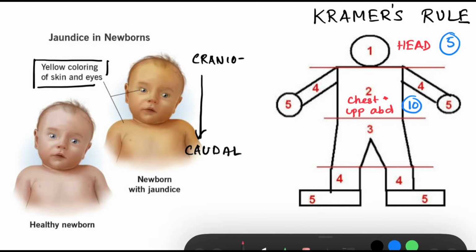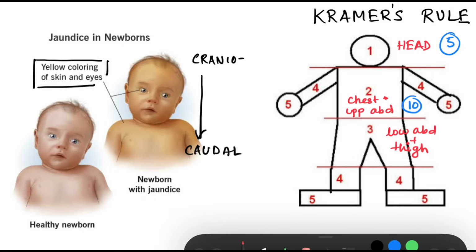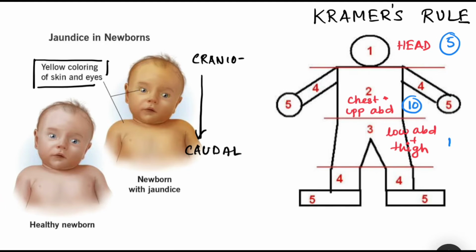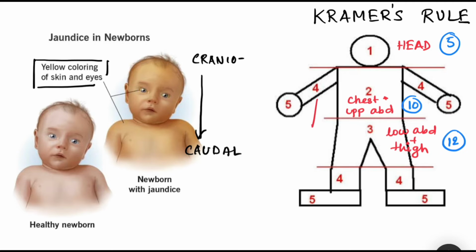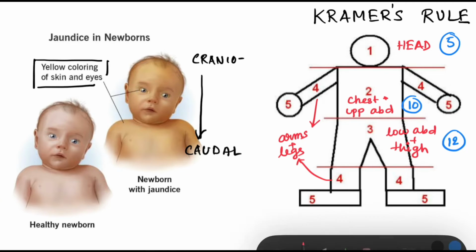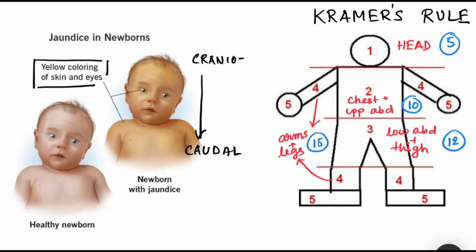Then zone 3 represents the lower abdomen plus thigh, which corresponds to a bilirubin level of approximately 12. Then we have zone 4. Zone 4 has 2 components, your arms and legs, and it has a bilirubin level of around 15.